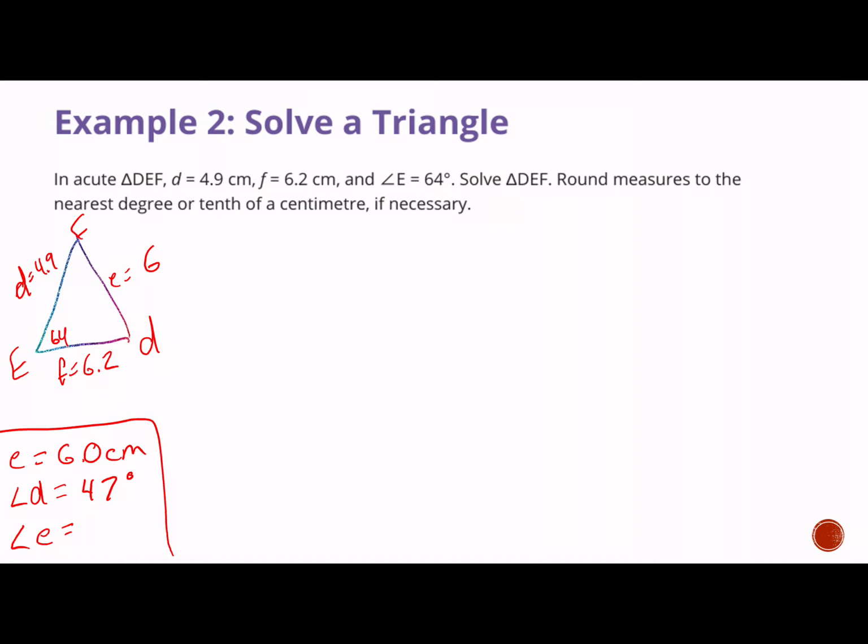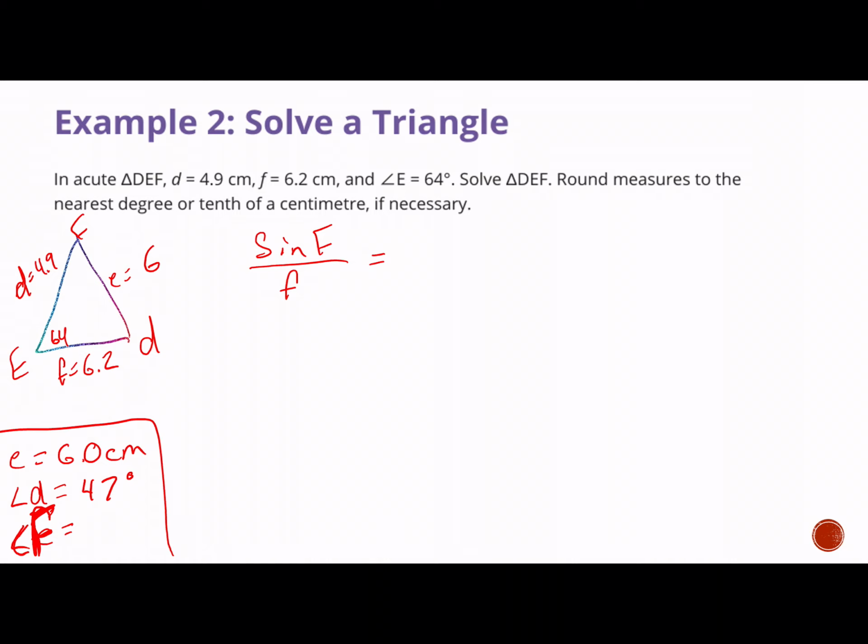Angle E. Nope, angle F. Sorry. Is our last one. So again, because we're trying to find the angle, put the angle back up on top. When we're using sine law, put whatever you're trying to find in the top left position. It's the easiest way to work on it.